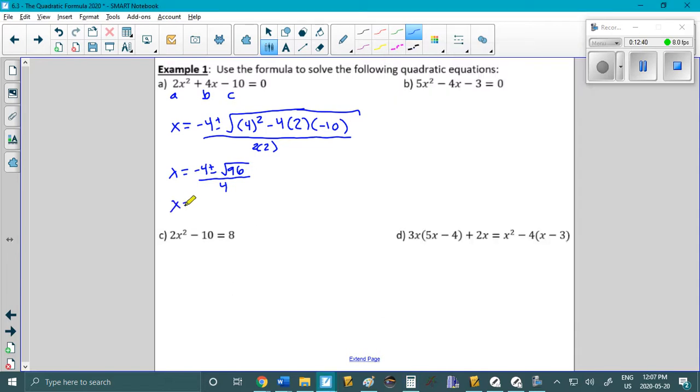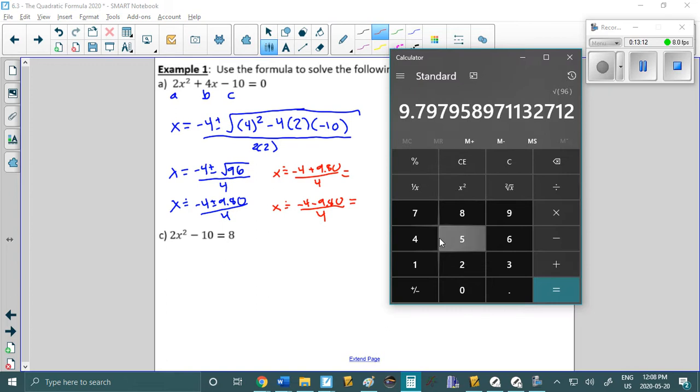So x equals approximately negative 4 plus or minus 9.80 over 4. And then we've got x equals negative 4 plus 9.80. Remember, it's approximate, so I put a dot over the equal sign, divided by 4. And x equals approximately negative 4 minus 9.80 over 4. I didn't leave a lot of room here for me.